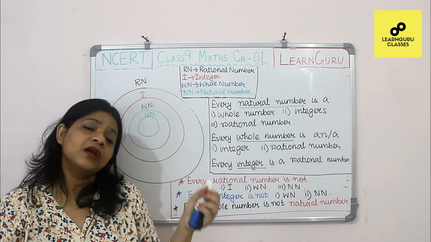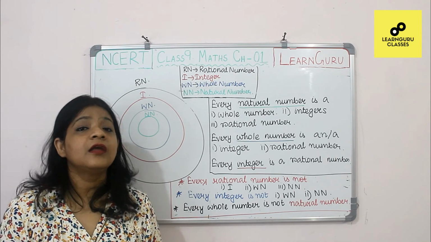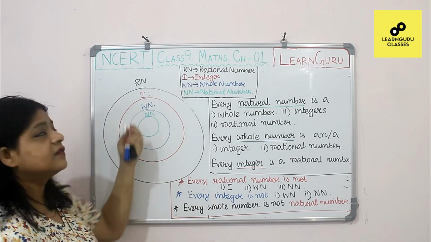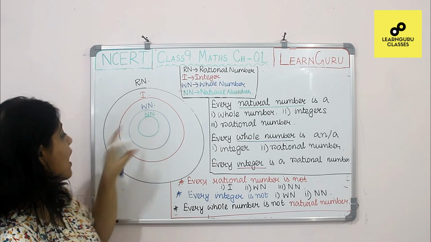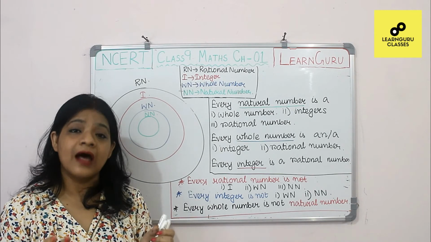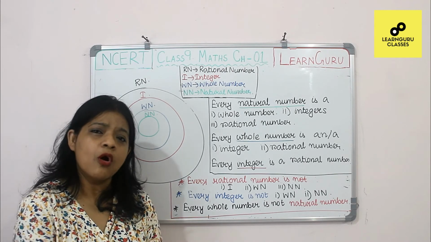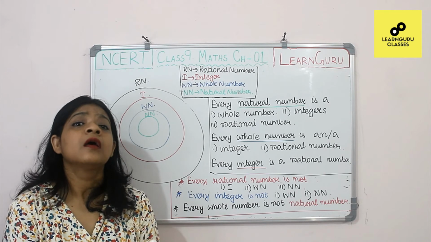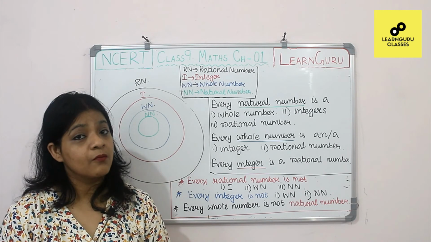Since rational number is of bigger size, chances of finding more varieties of numbers are more. Integers, compared to rational number, is smaller, but compared to the other 2 circles it is larger. So compared to the rational number the possibility of finding varieties is less, but still more than the smaller ones.